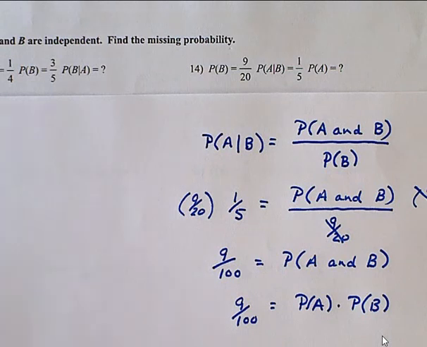So B is 9 over 20. So I'm going to sub that in again. And now to solve this, I need to multiply both sides by 20 over 9.